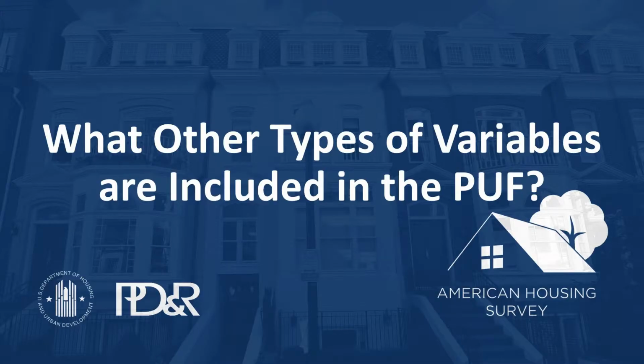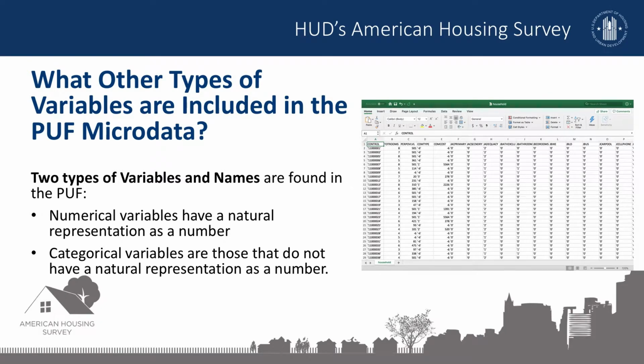We've just covered several variables that appear in the PUF microdata, including control, in-status, the geographic indicators, the weights, and the replicate weights. The other variables in the PUF are responses to the survey questions. Let's take a look at these PUF microdata variables. Two types of variables and names are found in the PUF microdata.